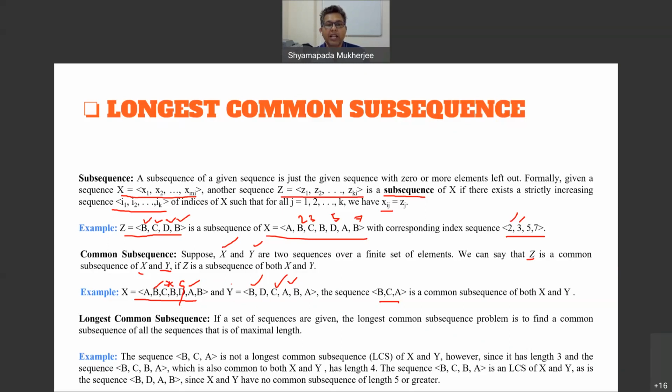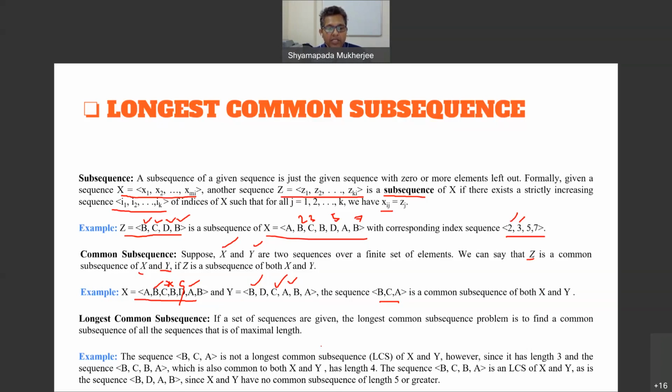The only thing is that there should be increasing indexing of the elements in X and Y, and there must be similar elements in the common subsequence Z. Now we are interested in finding the longest common subsequence. The longest one will give you a better understanding of how similar the subsequence is to a given sequence.